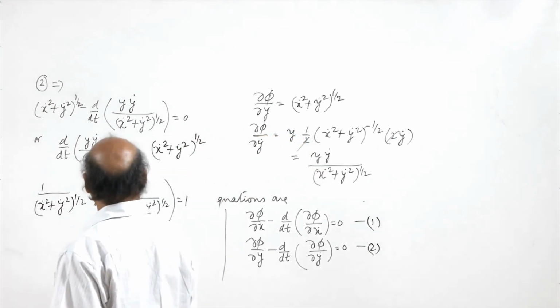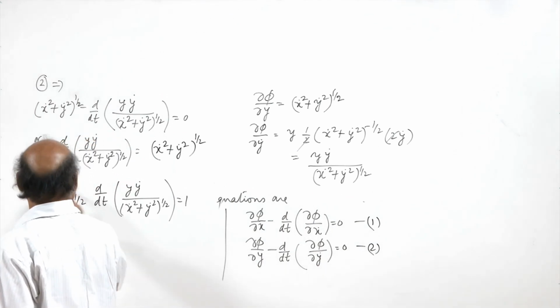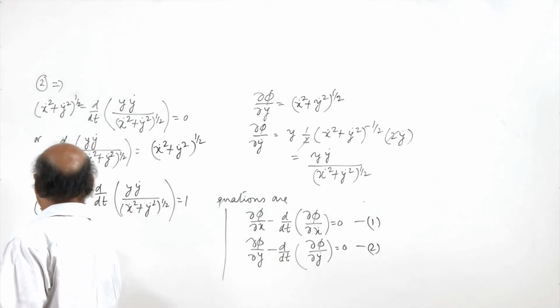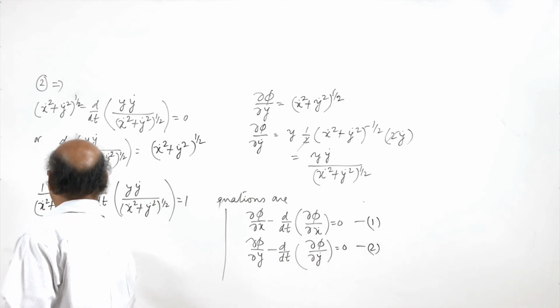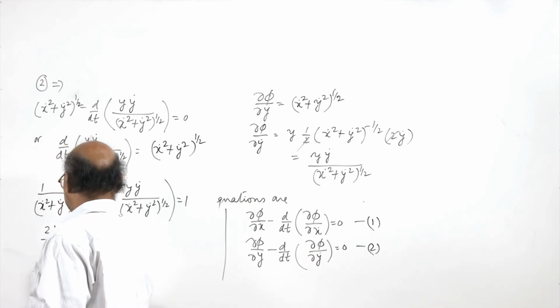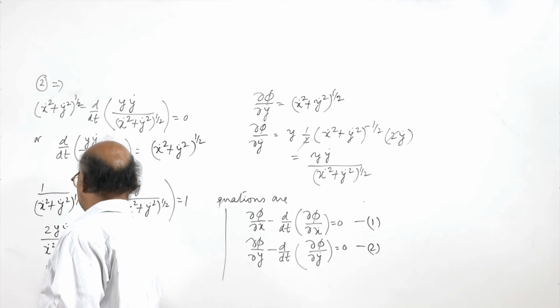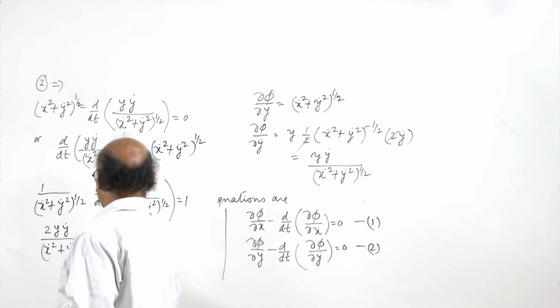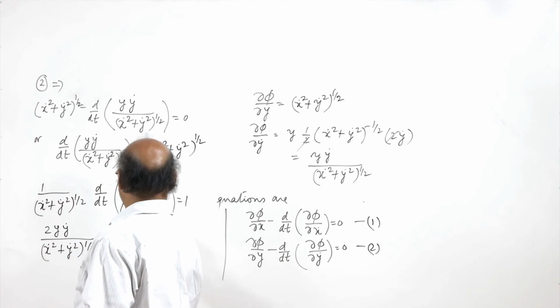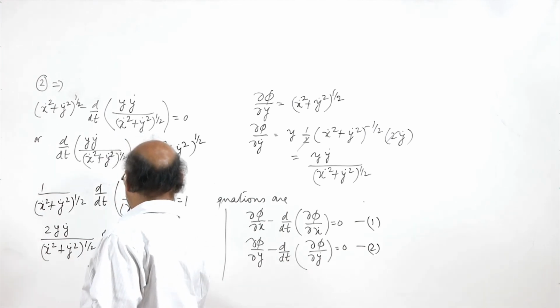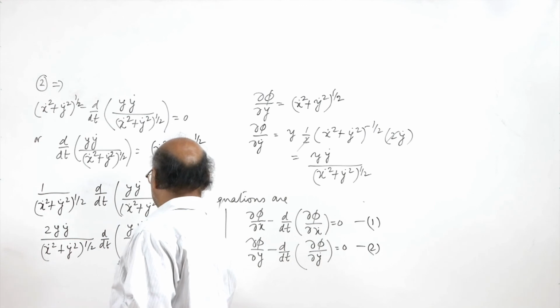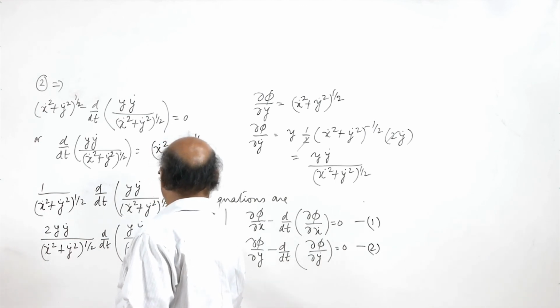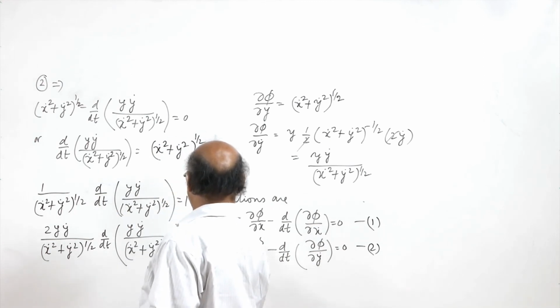Then what we do is we multiply both sides by 2 y y dot. So 2 y y dot upon (x dot square plus y dot square) raised to the power half, d over dt of y y dot over (x dot square plus y dot square) raised to the power half, equal to 2 y y dot.